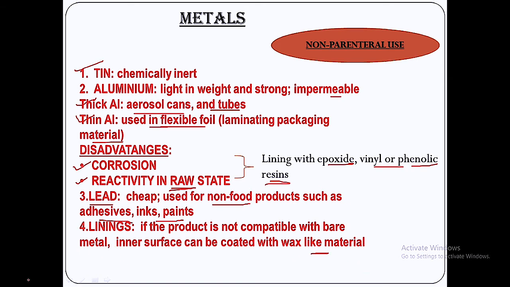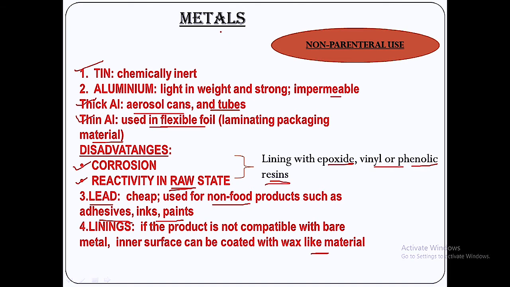That is called lining, because we line it with a wax material to decrease the reactivity of highly reactive metals we want to use, so that it does not interact with our pharmaceutical product.